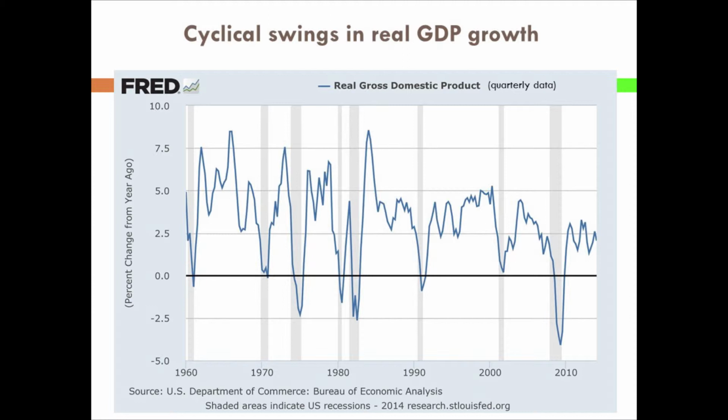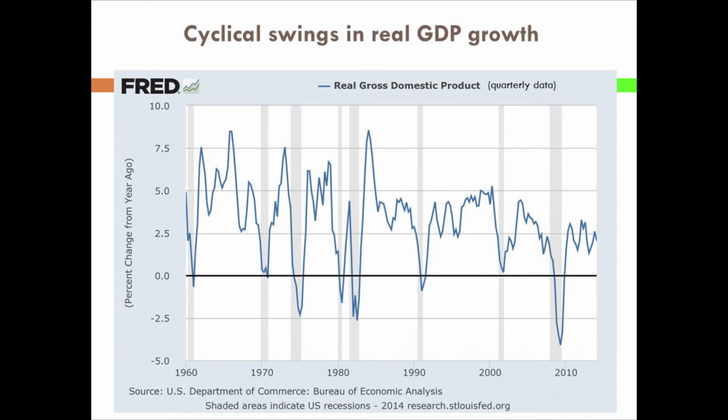At the end, we get to the present era. We had a very deep recession, nearly a -4% fall in GDP from one year to the next. You can see that's much more severe than anything else since 1960. That's the sense in which it's correct to call it the worst recession since the Great Depression.